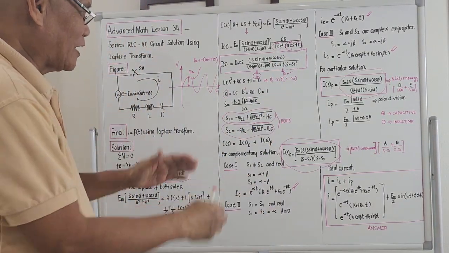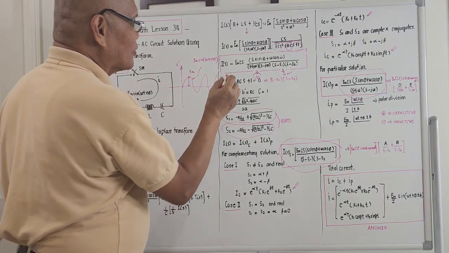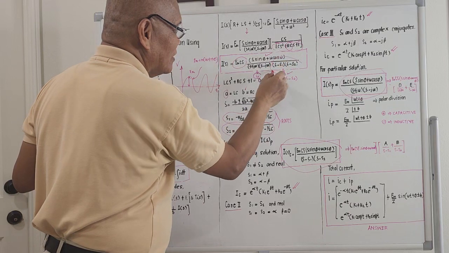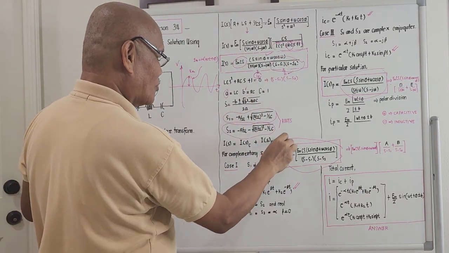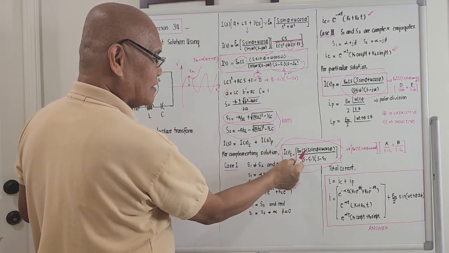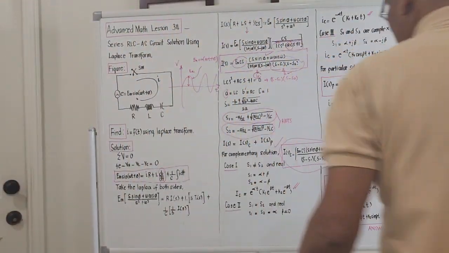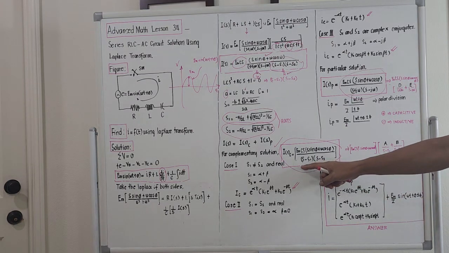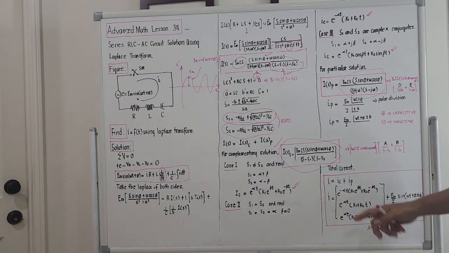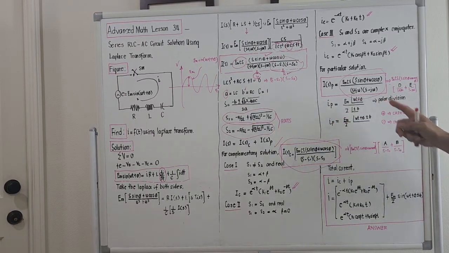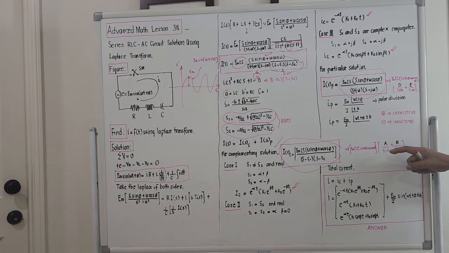So for the complementary solution, if we consider this function here plus this, this portion refers to the complementary solution. It is this. And since there are two linear factors over here, the equivalent will be EMCS times this, times the two partial fractions: A over S minus S1 plus B over S minus S2.